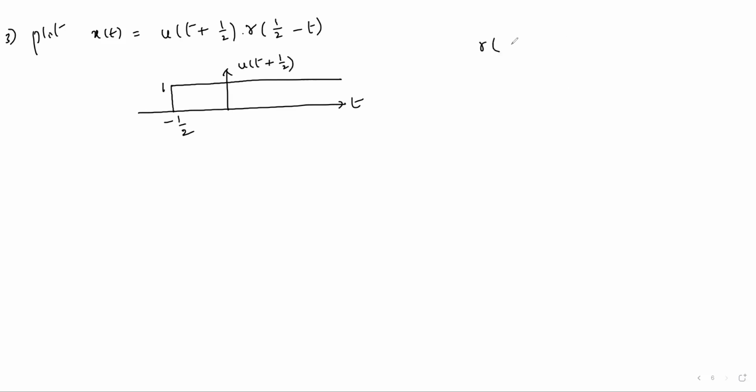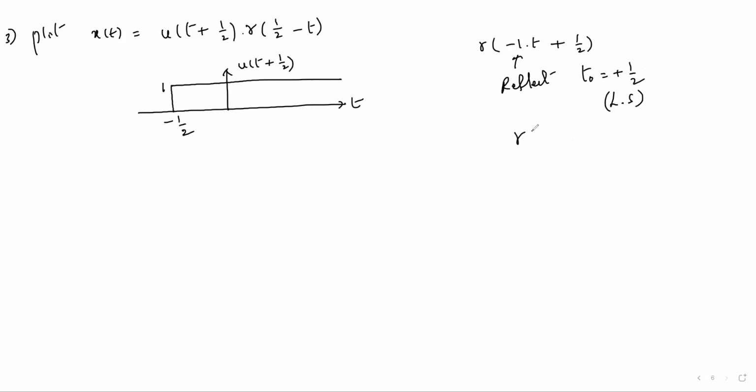We need to plot r of minus 1 into t plus half. This is scaling with -1, so nothing but reflection. Here the shifting constant plus half means a left shift operation. So first left shift the signal and then reflect it.